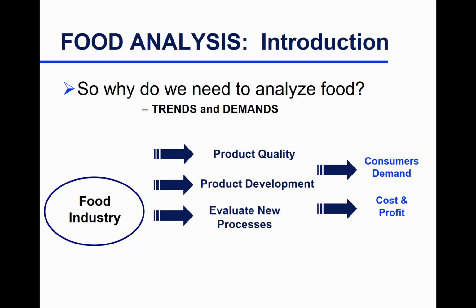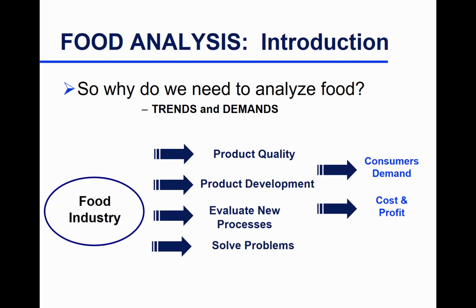New processes that would be more efficient will reduce cost and increase profit. So they're always thinking about cost and profit and consumers, but at the same time, they are really considering that they maintain high quality food and stay competitive.